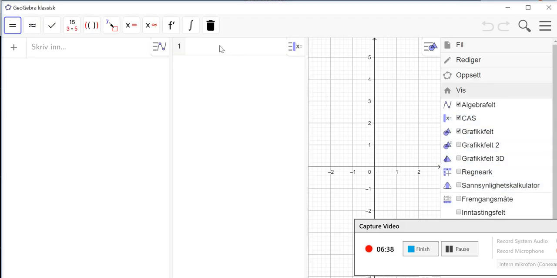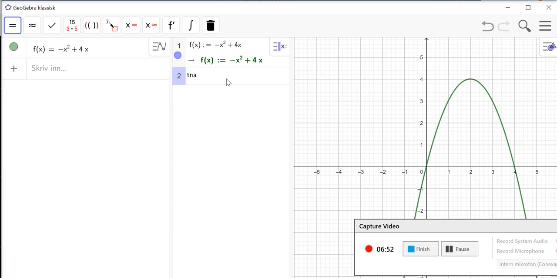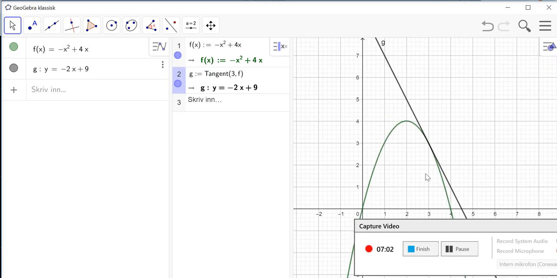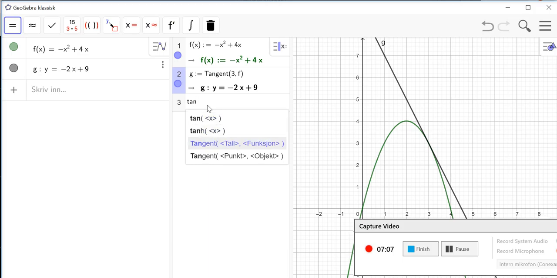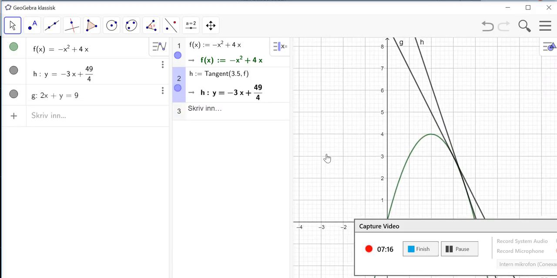There we go. And if I take this, just to show what we actually found here, there we have the parabola, right? And if I take a tangent line, for example, the x-coordinate should be larger than 2. Let's take 3 and f. I get the tangent line here, and I get a quite large triangle. If I take the tangent line to the same function when x is 3.5, I will also get a quite large triangle.